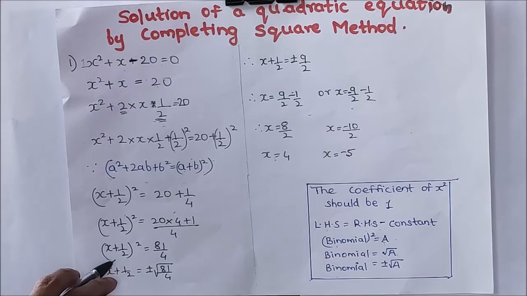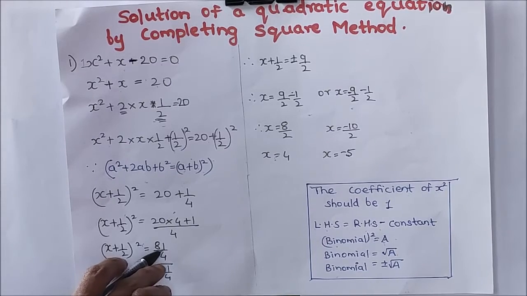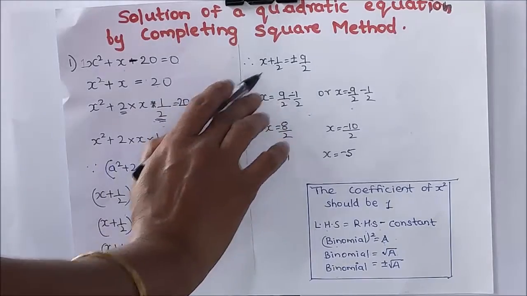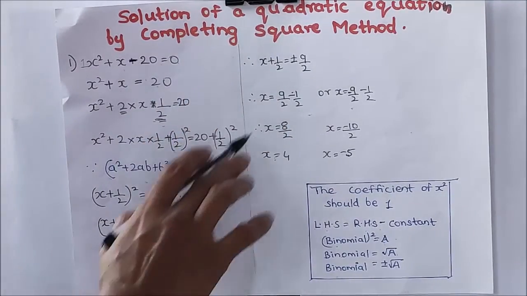Now I have got this in the form of a binomial square. If I take the square root, then x plus 1 by 2 equals plus minus root of 81 upon 4.